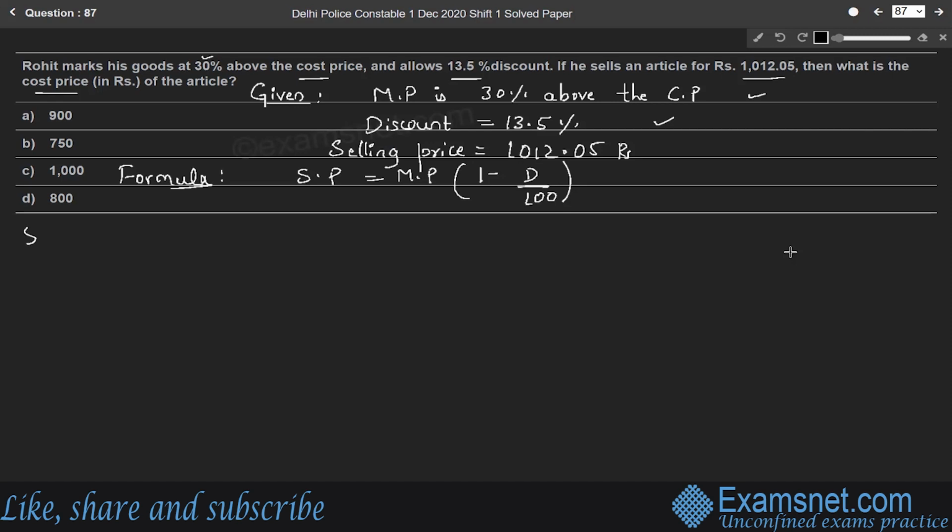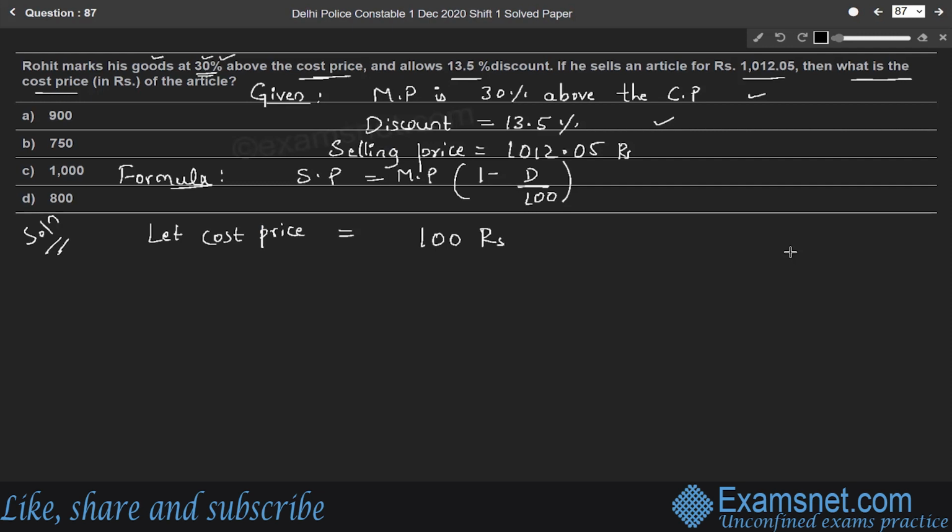So come to the calculation part. Let the cost price of the article be, so in the question, what is the cost price of the article? So let cost price of the article be 100 rupees, because in the question, market price is 30% above the cost price.